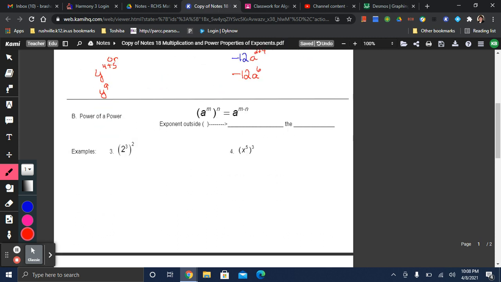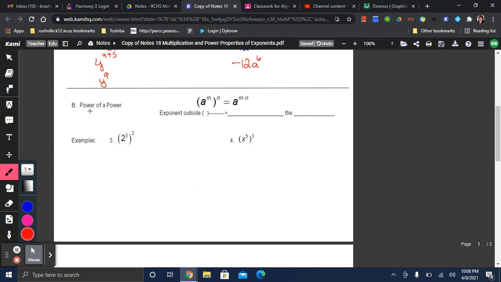All right, as we move on to your second one, we have a power to a power. This is another rule. We have a power of a power. So if you have an exponent outside the parentheses, such as what we have here, a power raised to a power, we will multiply the exponents. So multiply the exponents.